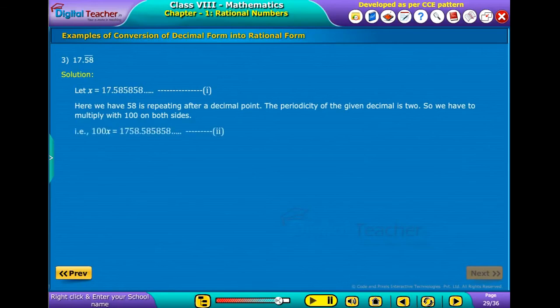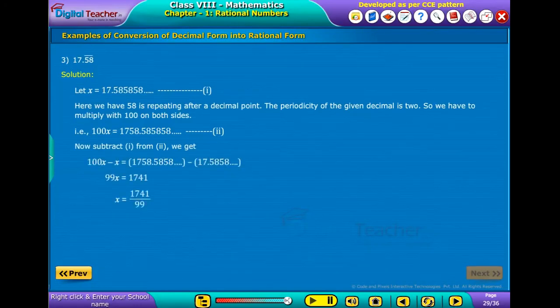That is 100x equal to 1758.585858, and so on. Let us represent it as equation 2. Now, subtract 1 from 2, we get as follows. Thus, x is equal to 1741 by 99. Therefore, 17.58 bar is represented as 1741 by 99.